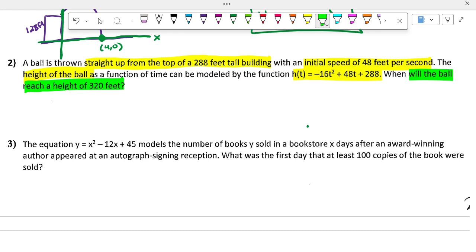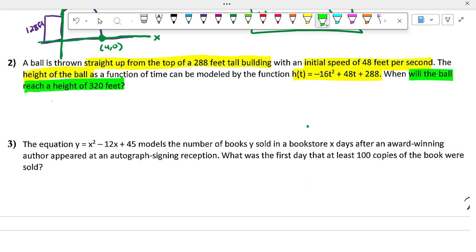All right, so a little bit different. This isn't necessarily a key feature, but it does take something that we did up at the top. So if we're talking about a height of 320 feet, am I talking about an x value on my graph or a y value on my graph? So x always represents time, so that means y represents, it's literally in the problem, guys.